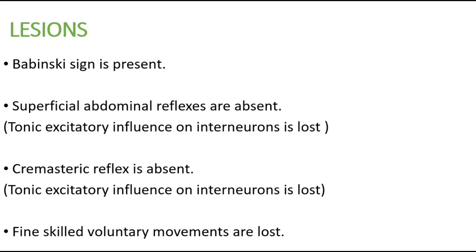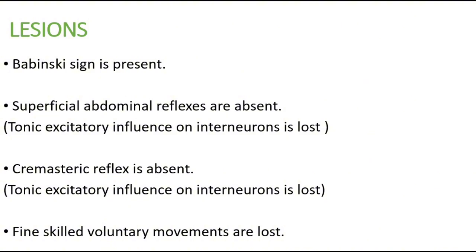Next thing is the superficial abdominal reflexes are absent. This means that when the abdomen is scratched, these muscles would contract. But if there is some lesion to the corticospinal tract, this tract, which exerts tonic excitatory influence on interneurons, would lose that function and these reflexes would also be absent.